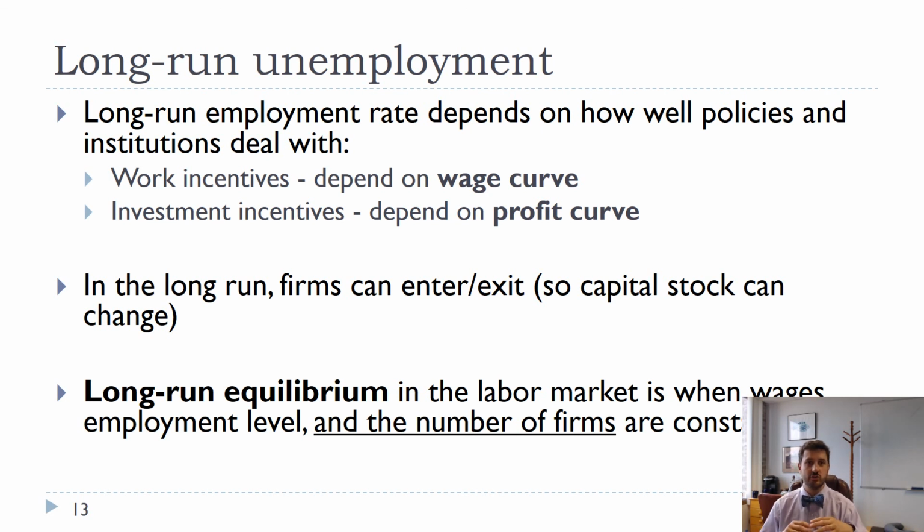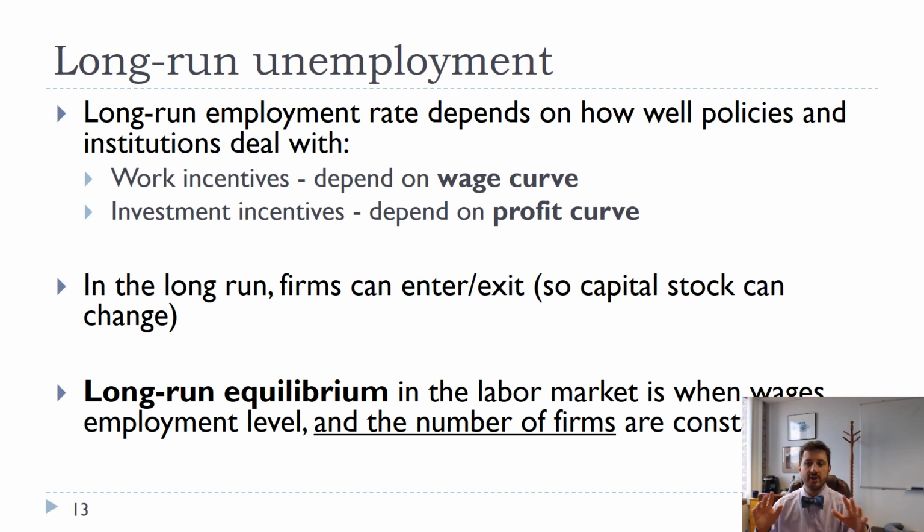And one of the issues also is that, of course, in the long run, firms can either enter or exit, and that can change the capital stock, can change the technology. And so, if workers have been unemployed and there's a change in the capital stock, so there's new technologies, then these workers might not be ready to use the new technology.